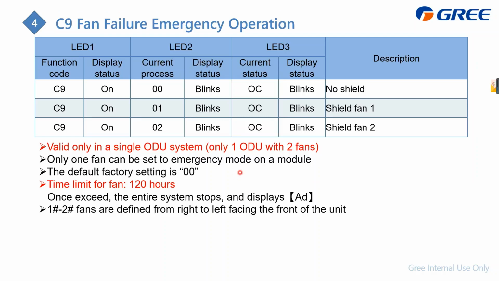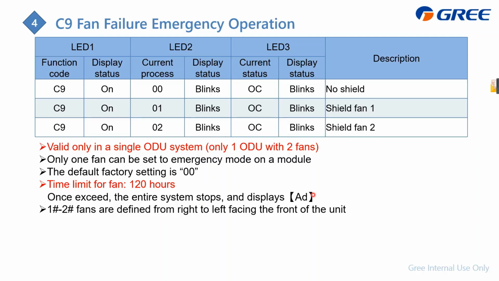And how to shield the fan? 00 means no shield, the default setting, and 01 is shield fan 1, and 02 is shield fan 2. And the limit for the fan is 120 hours. If out of this range, an AD is displayed, then the whole unit cannot work again.